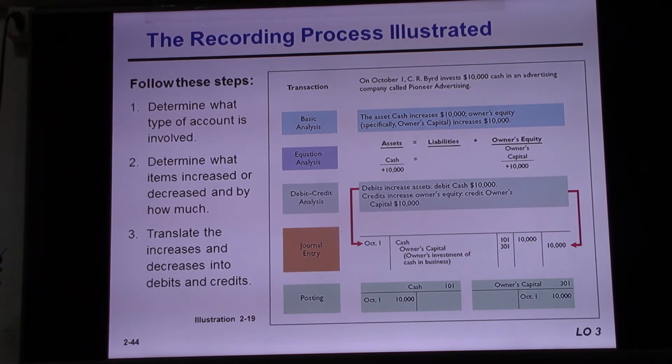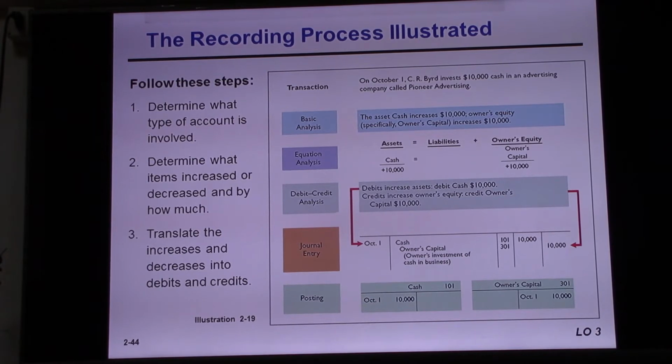So first, we made a basic analysis of the transaction. You should know how this transaction affected the accounting equation. This transaction mainly caused an increase in assets by $10,000 through cash, and also it increases owner's capital by $10,000, which will also cause an increase in owner's equity.